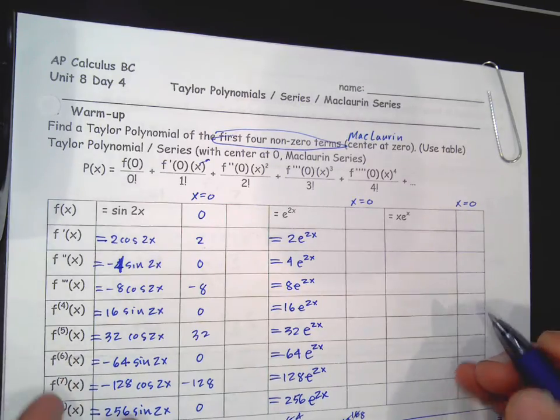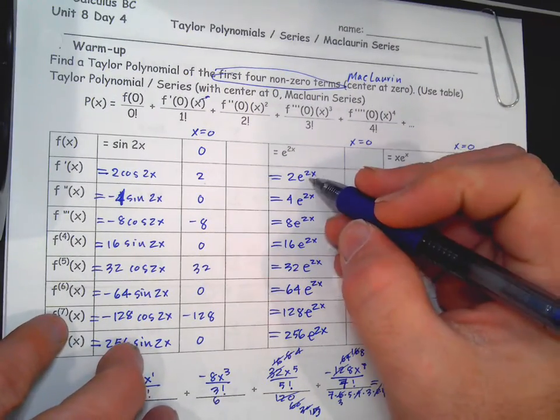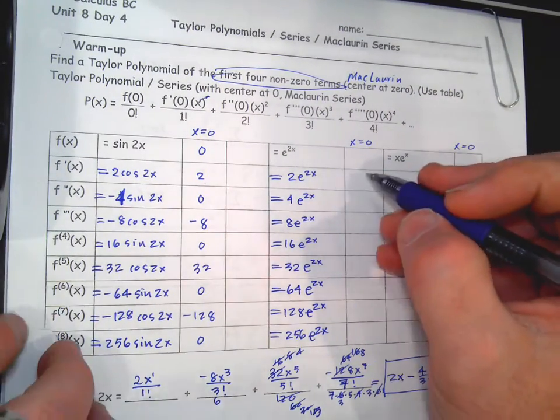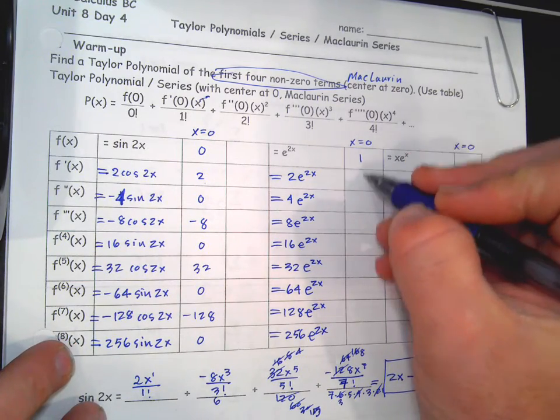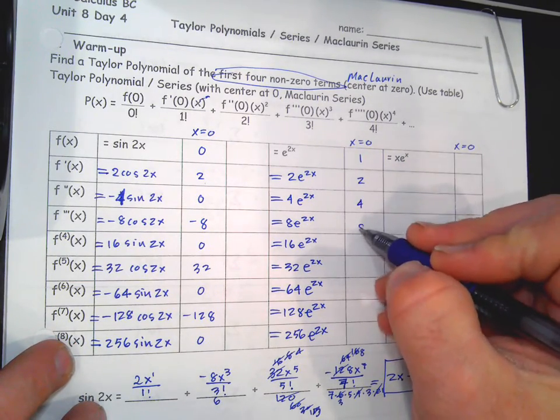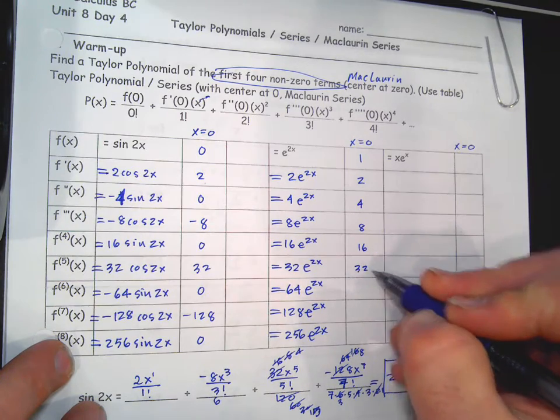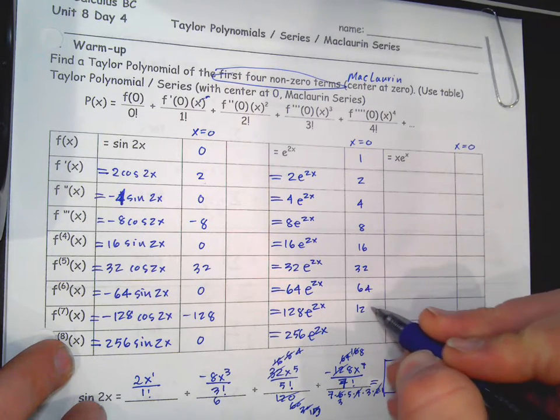So crank those out. If you plug 0 in, all the e to the 0s become ones. And so you have 1, 2, 4, 8, 16, 32, 64, 128, 256.